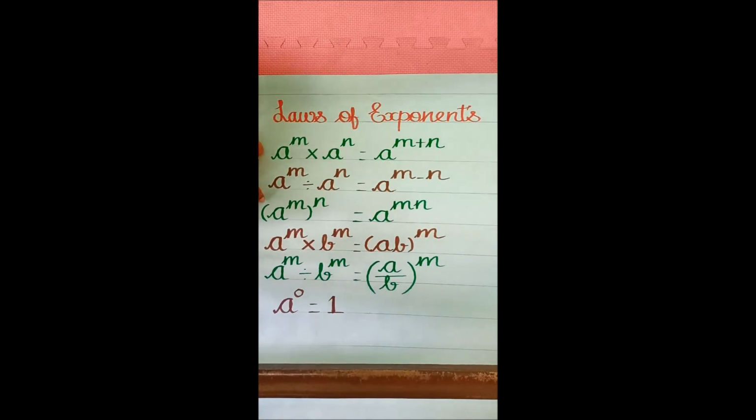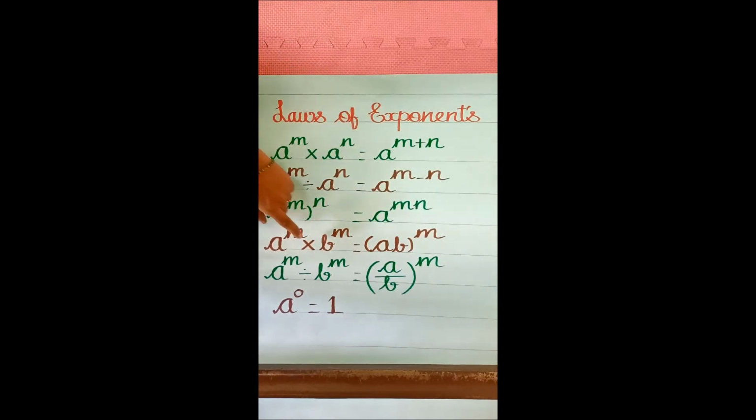Listen to the third one. A power m whole power n. The base is only one but the power is two, so you have to multiply the powers. A power m the whole power n is equal to a power m into n. Next one is a power m into b power m. Both the bases are different but the powers are the same. You can multiply the bases and write the power a single time.